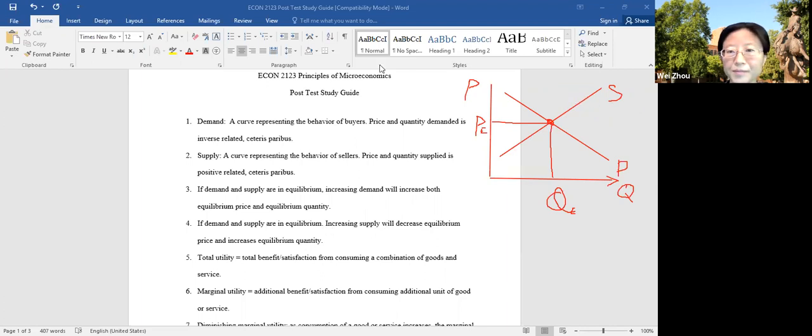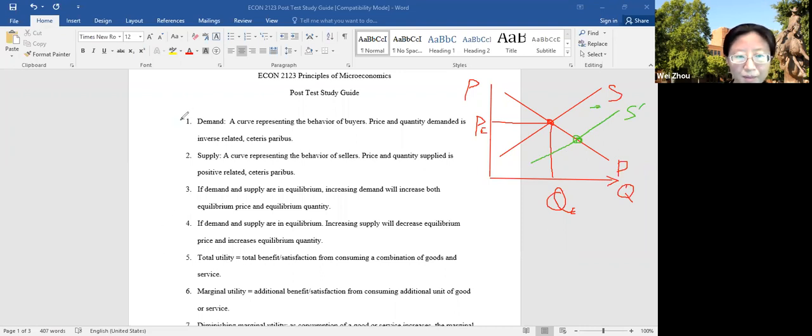An increase of supply means at the same price, you suddenly supply more. So when supply goes up, the equilibrium moves to a new equilibrium price. Here you have a lower price, but your equilibrium quantity goes up.